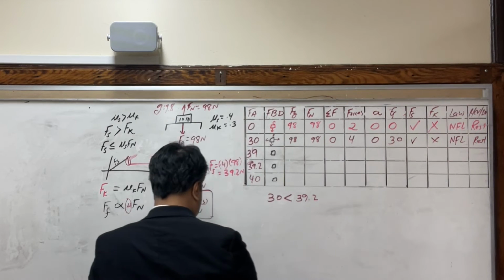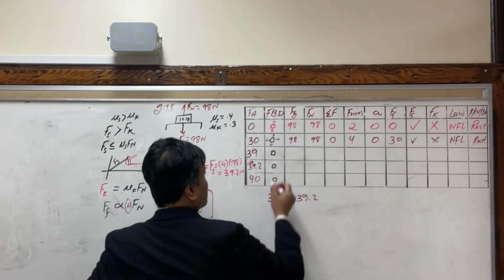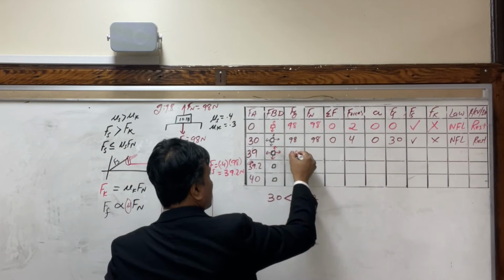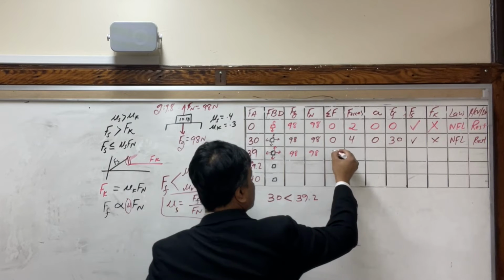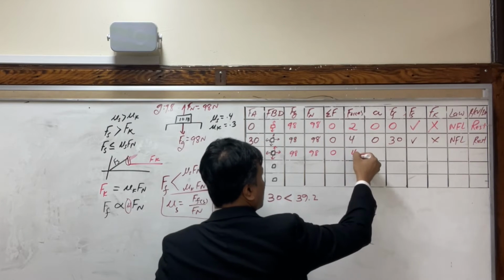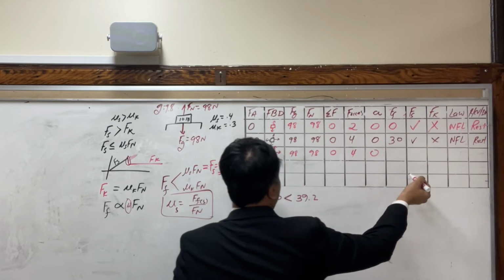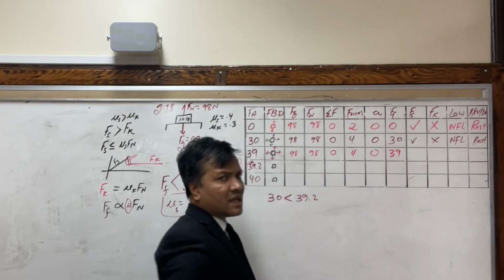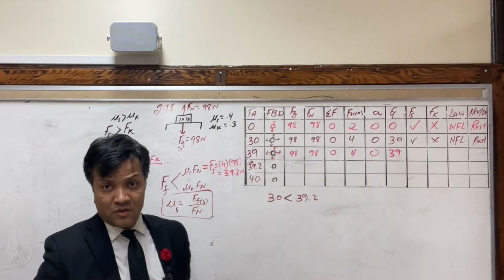All right, this one, of course, you have four vectors equal in magnitude, opposite in direction. So now this is 39. See, even 39 is not enough to move.